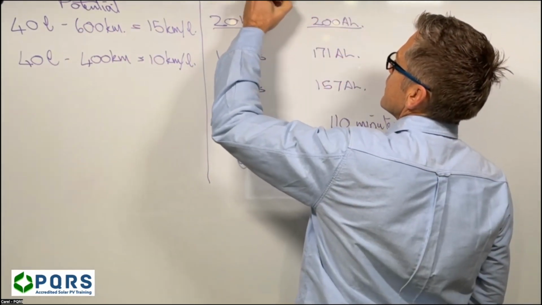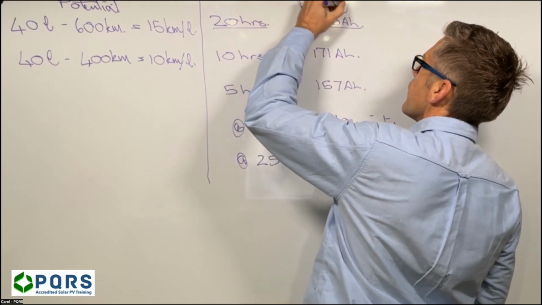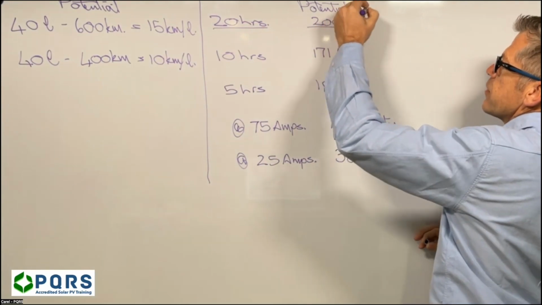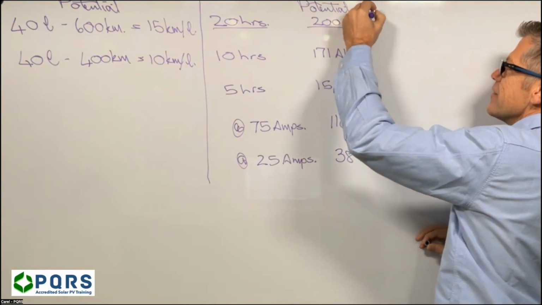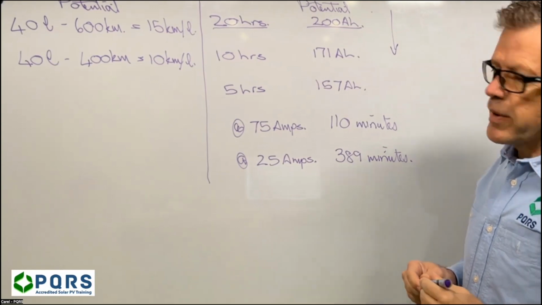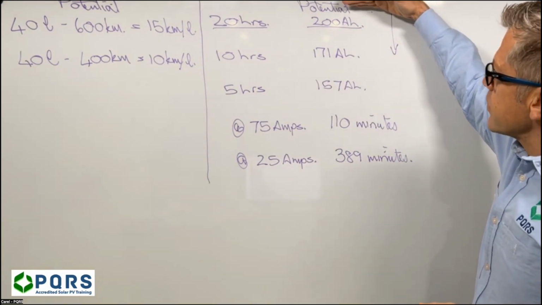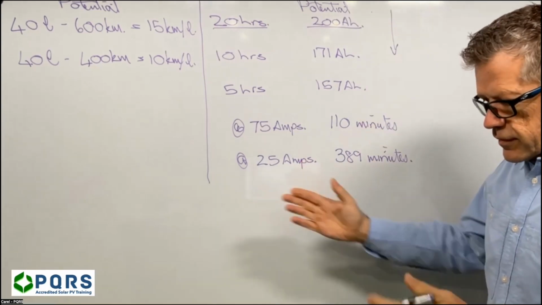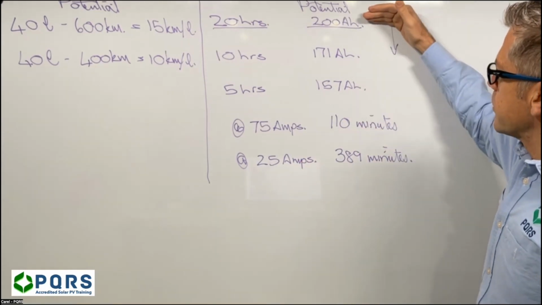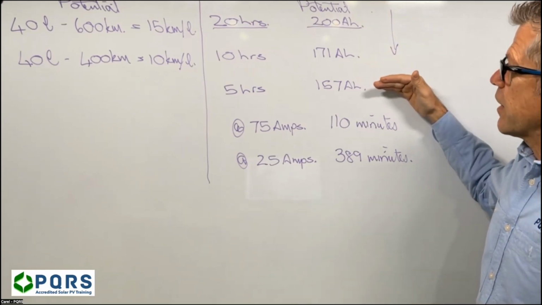So the battery has the potential to give us 200 amp hours, but the capacity is affected by how we use the battery. So we've got the same potential because of the 200 amp hours being 200 amp hours, but how much we get out is affected by how we use it.